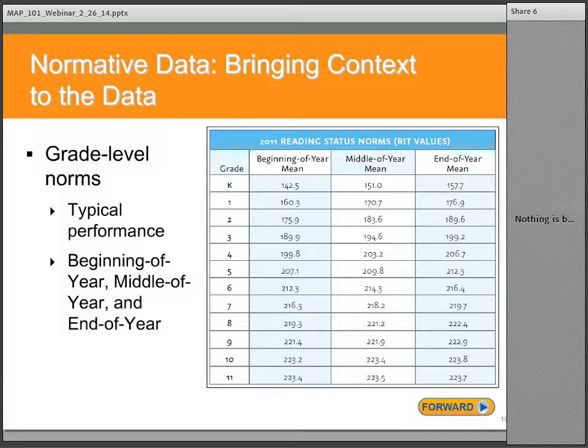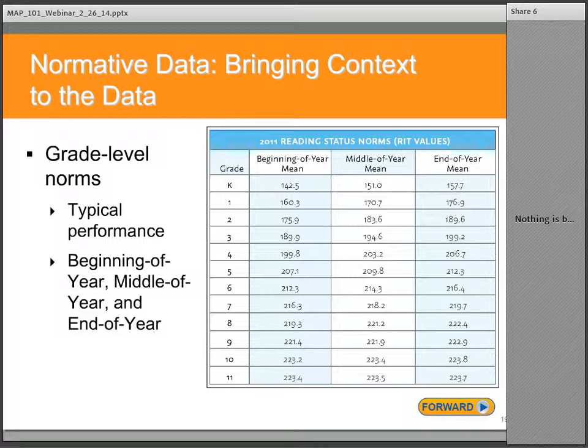And if we take it in the middle of the year, or what we typically call a winter testing situation, that typical performance, we might see a student gain about 6 points up to 194.6. And if we go further and do a spring test, ideally MAP tests are taken 3 times a year, 2 times a year are most usual within ESU 8.